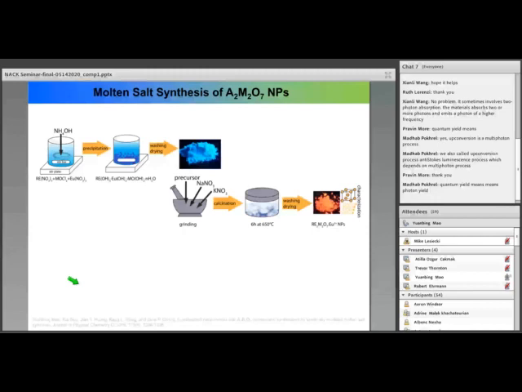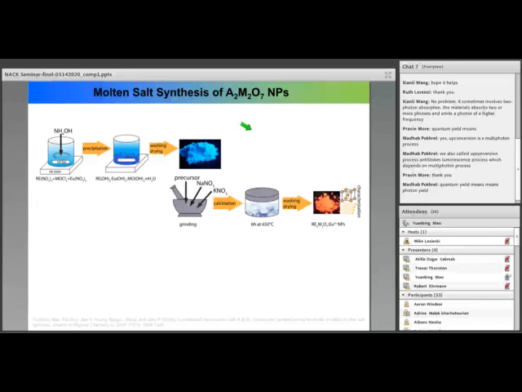This is a process I developed when I was a postdoc at UCLA, and it works well. My advisor asked me to focus on hafnium-based compounds, because at that time she was really into that type of compound.